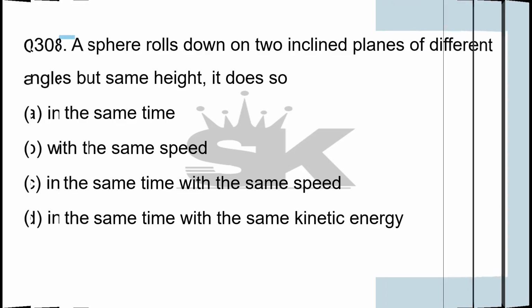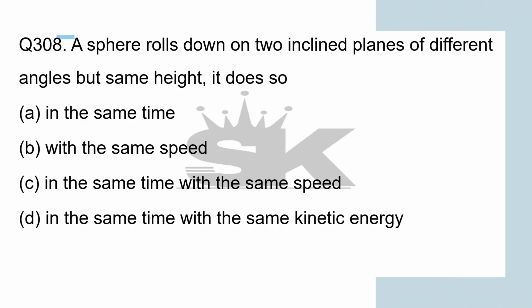A sphere rolls down two inclined planes of different angles but same height. It does so... If the ball and slopes are frictionless, then the ball will roll the same distance on both slopes as long as the ball starts from the same height. This is because at the top of the slope, the ball has potential energy equal to mass times gravity times height.